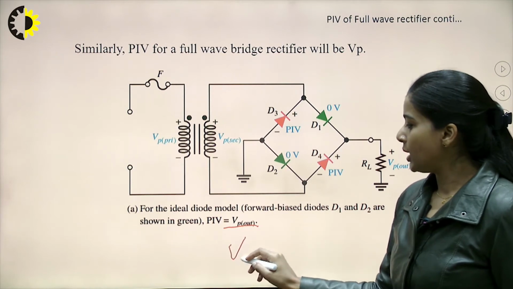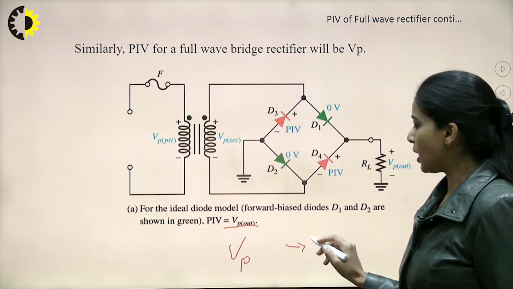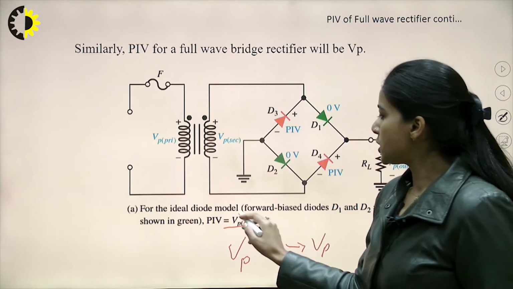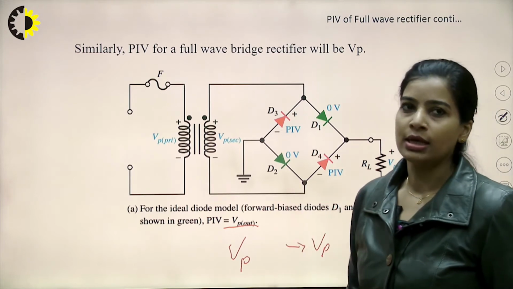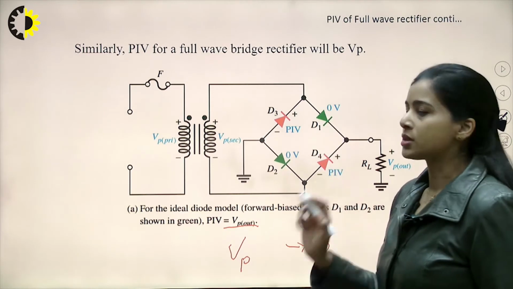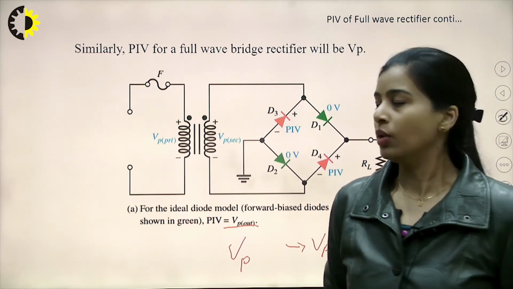So if Vp is our peak voltage at the input side, then obviously at the output we will be getting Vp. Being more specific, we can write it as Vp output, that will include the drop across the diode if these diodes are not ideal.